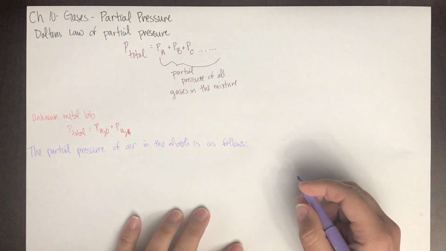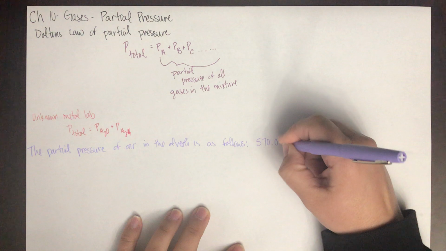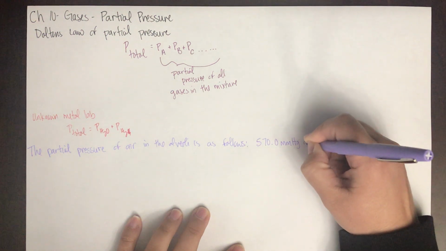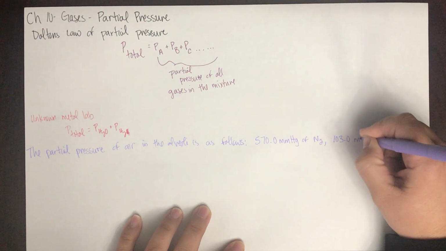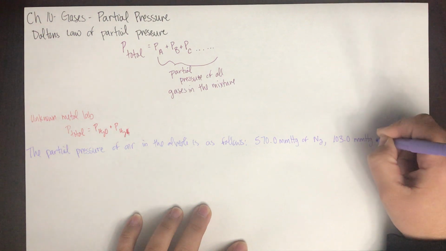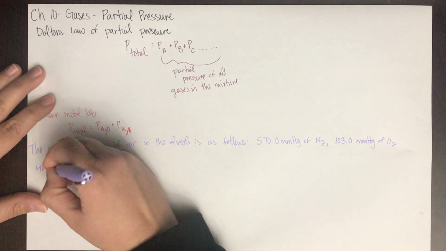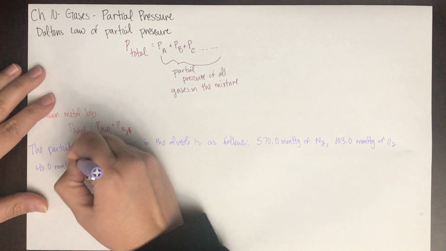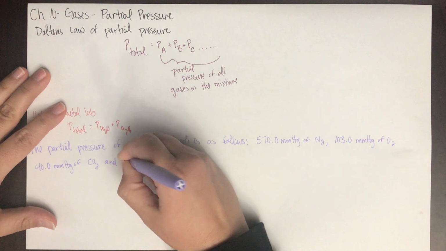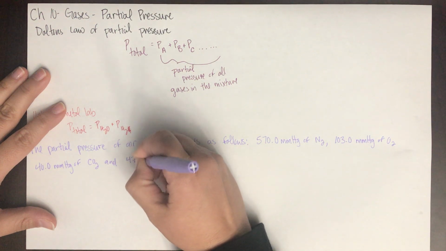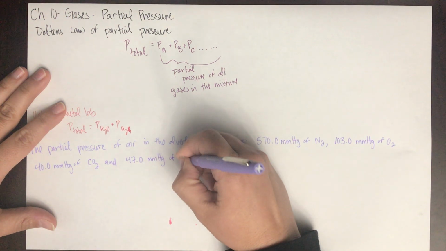We have a partial pressure of 570 millimeters of mercury of nitrogen, 103.0 millimeters of mercury of oxygen, 40.0 millimeters of mercury of carbon dioxide, and 47.0 millimeters of mercury of water vapor.